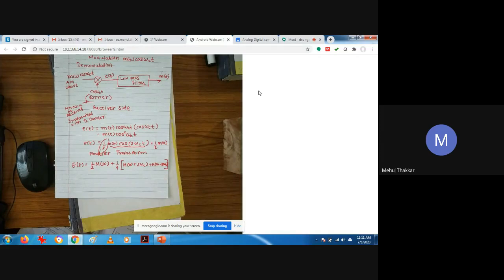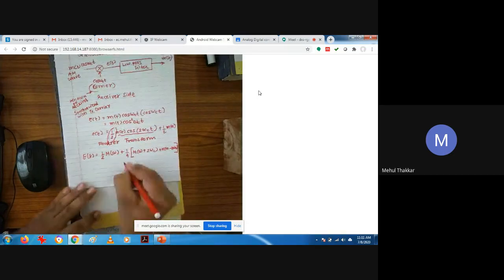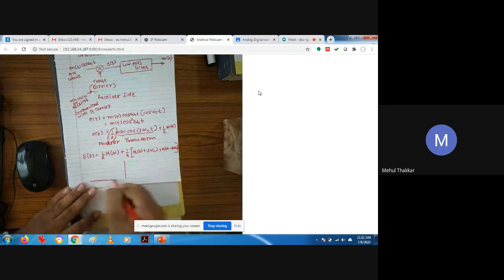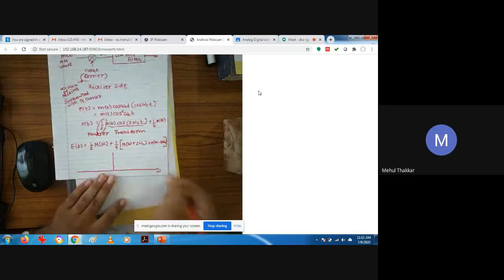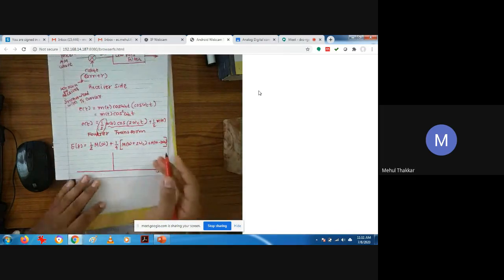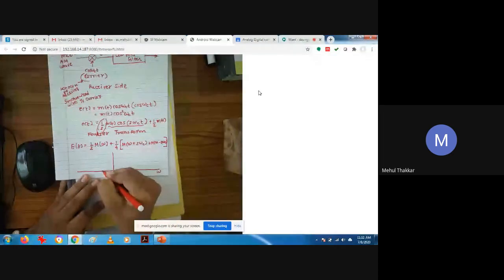So now if I draw the spectra of this, on the x-axis we will have omega, because this is a spectrum, which has frequency on the x-axis. So this will be my 1 by 2 m of omega.